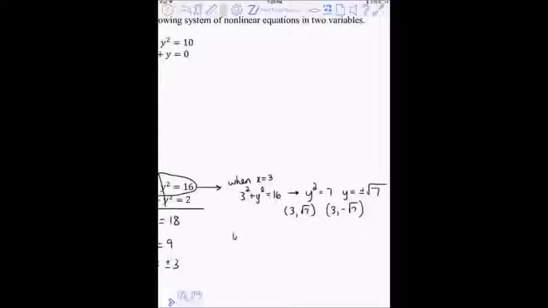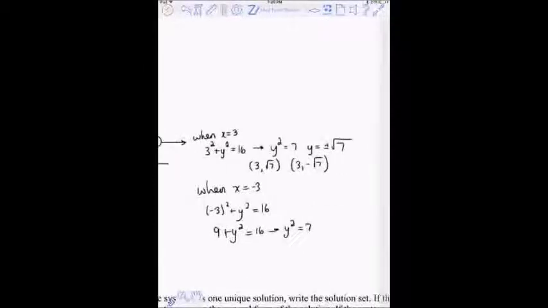But now we got to do the same thing when x equals negative 3. Now we're going to have negative 3 squared plus y squared equals 16, which is 9 plus y squared equals 16, which means y squared equals 7, and y equals plus or minus square root of 7.